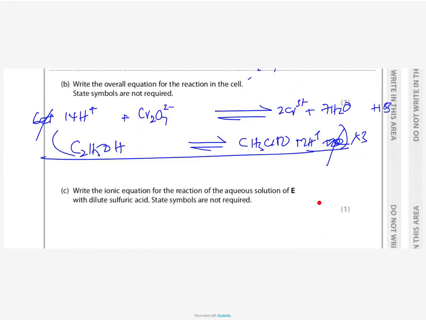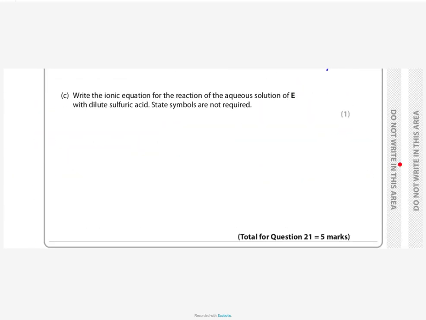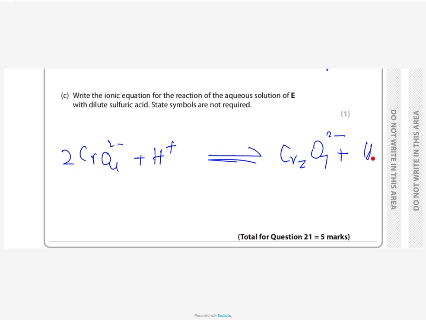So chromate with H plus forms dichromate. This equation, you have to balance it. You put 2 here, and on the opposite side you add water, and then make it 2H plus. Check whether the electrons are balanced. Yes, it is balanced. Got it?